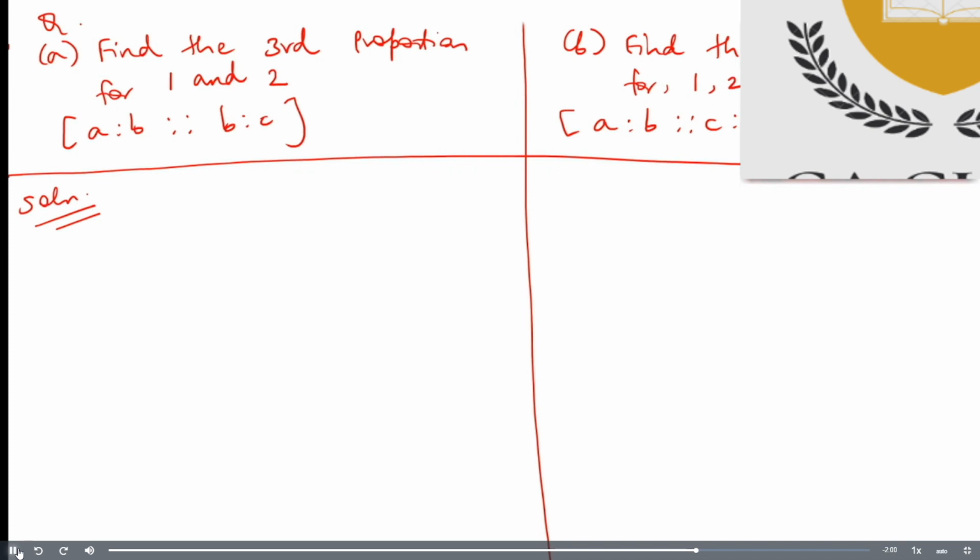First question. Given numbers are 1 and 2. 1 is the first proportion and 2 is the second proportion.